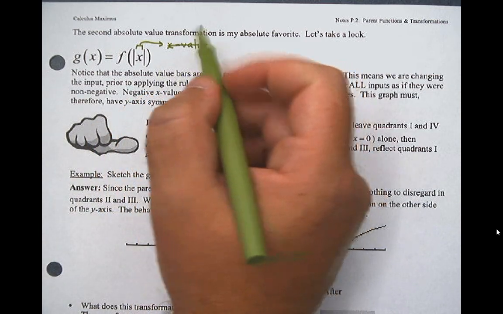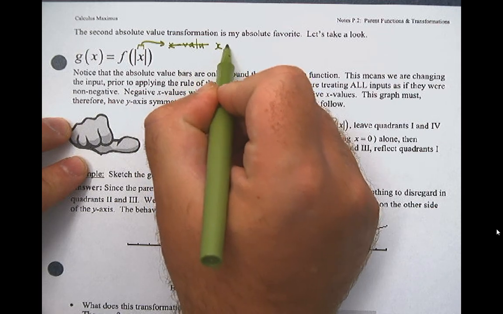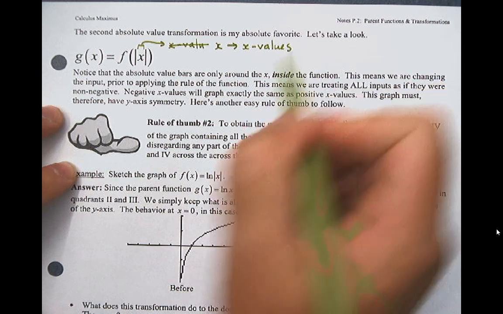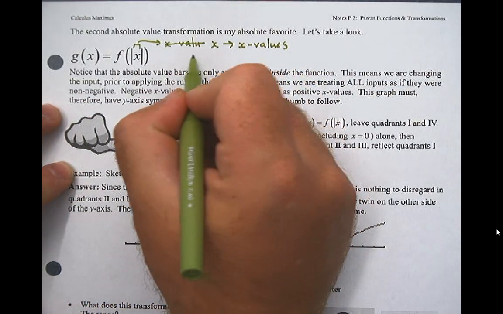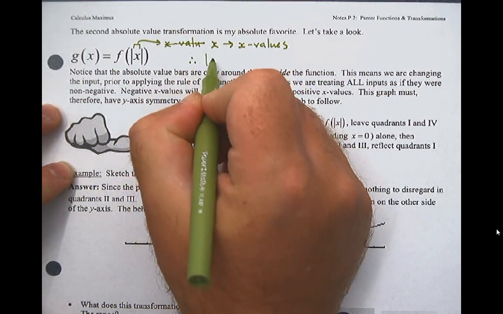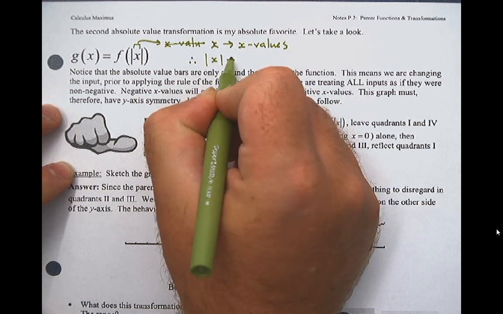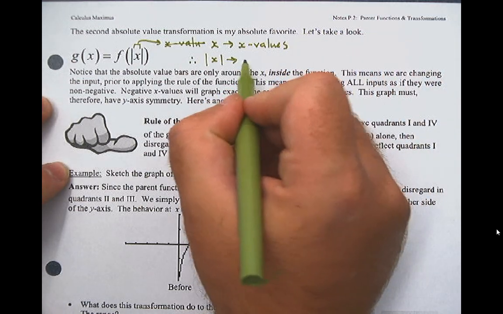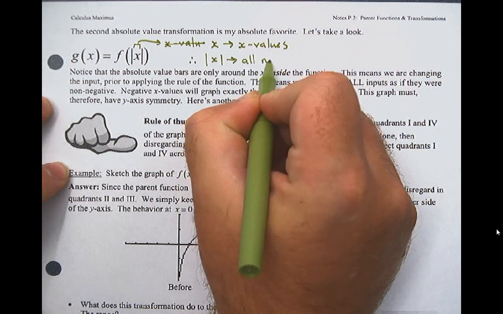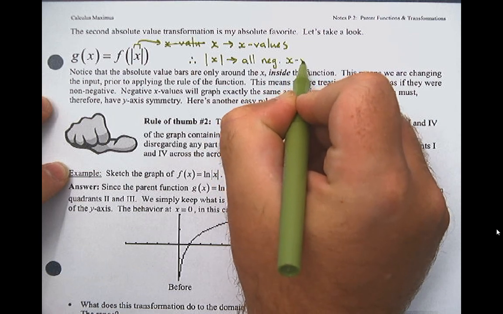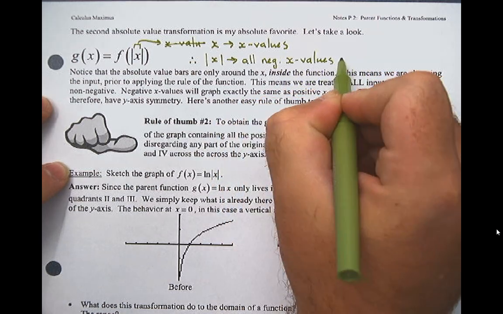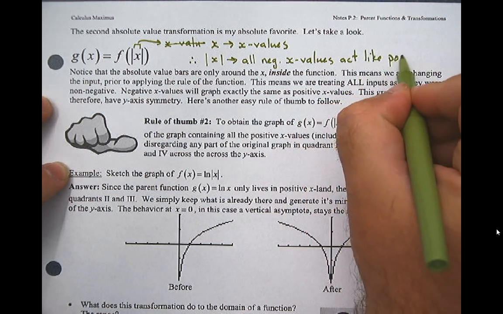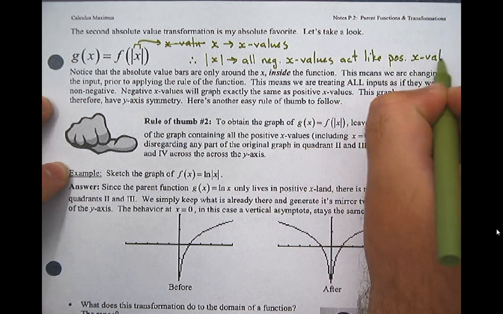X are called the x values. Therefore, absolute x means all negative x values act like positive x values.